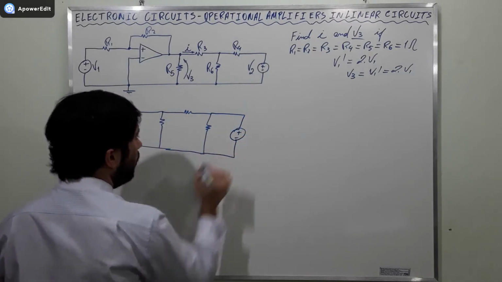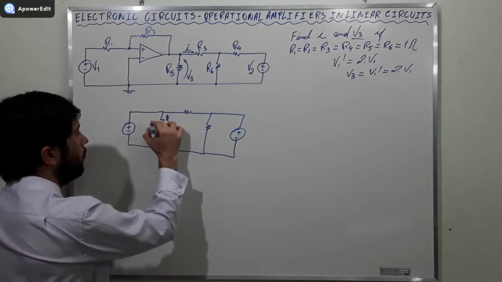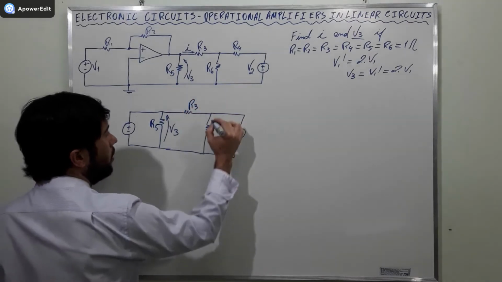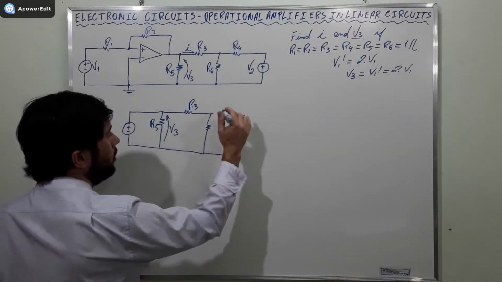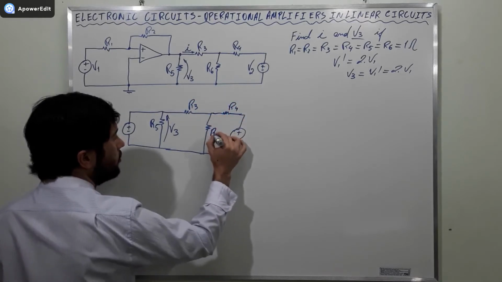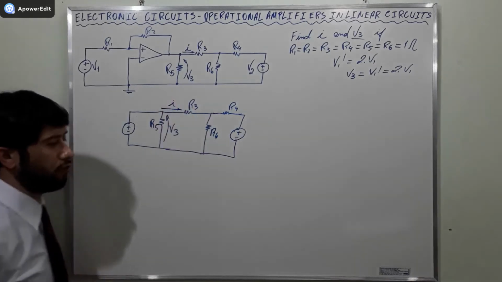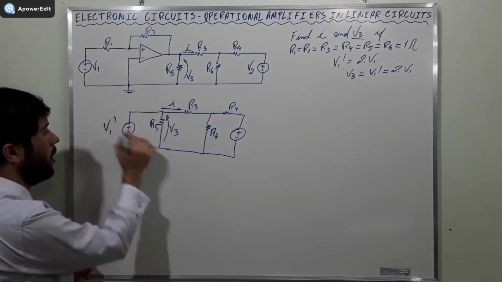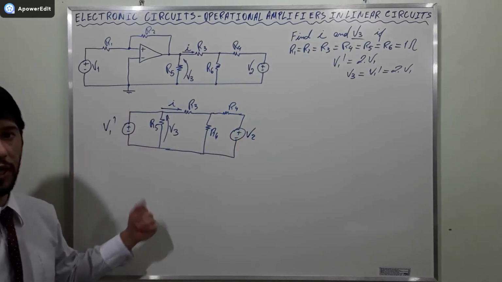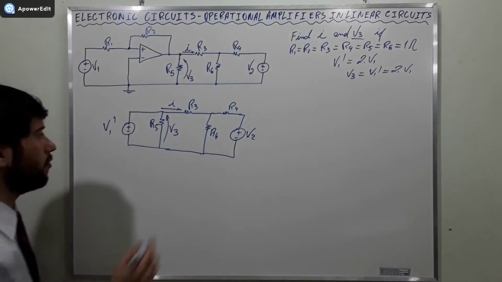We want V3 here on top of R5, and here I have R3 and R4 and R6. The current that we wish to find is this, V1 prime, and here V2. We are going to use KCL theory here to calculate the node currents.